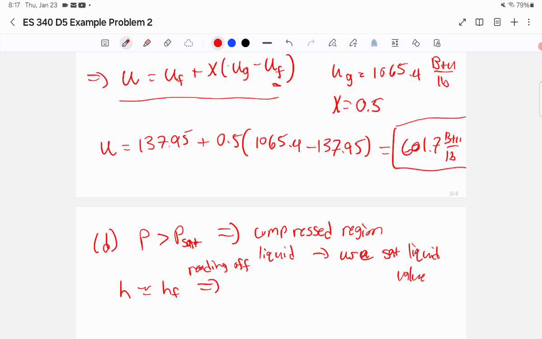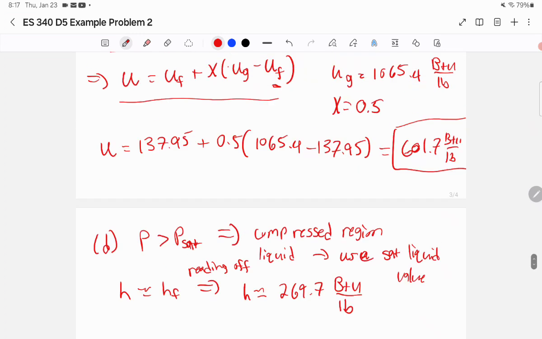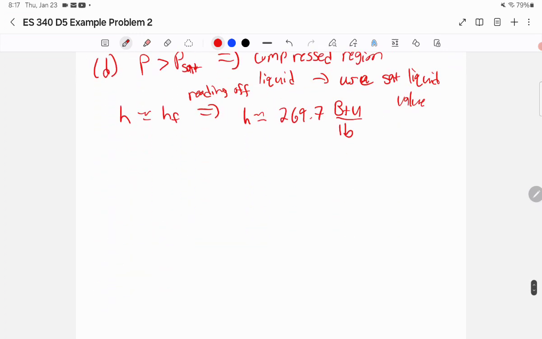So be careful there. But anyways, reading off, we find H is going to be approximately HF, which is 269.7 BTU per pound. So please do go to the tables and just make sure that you can see this.